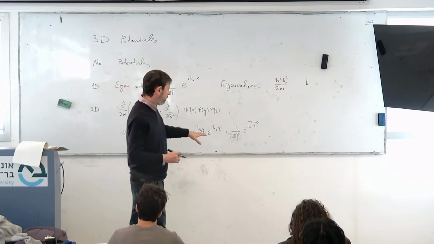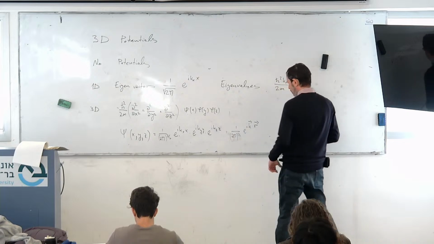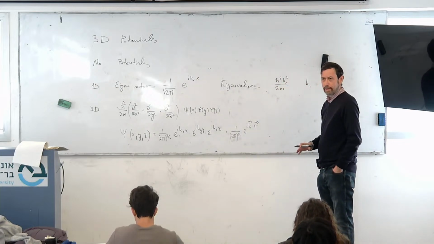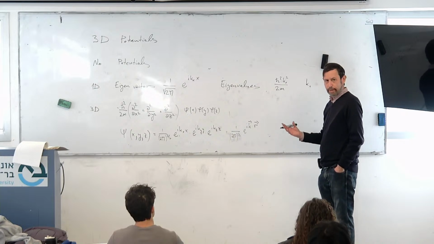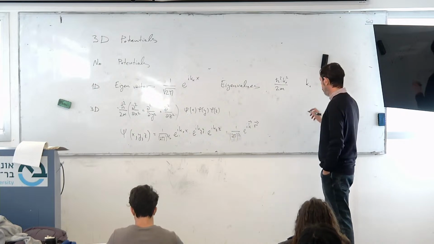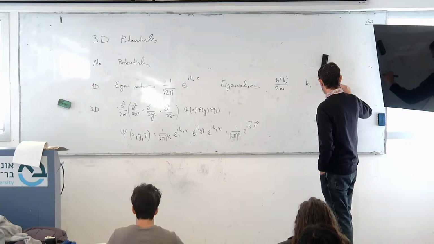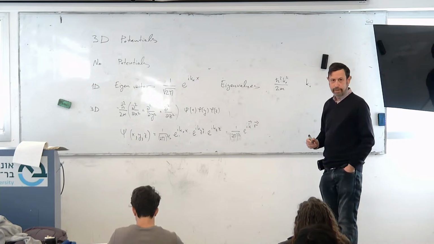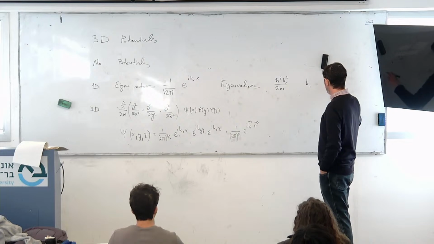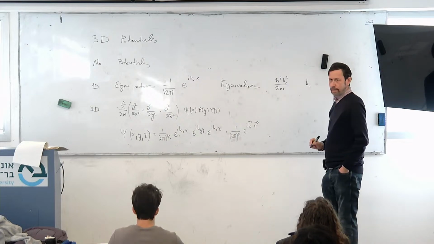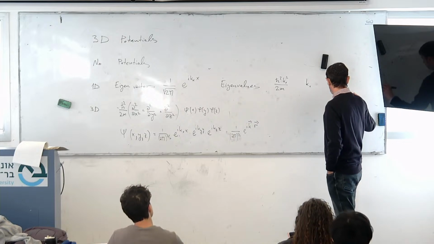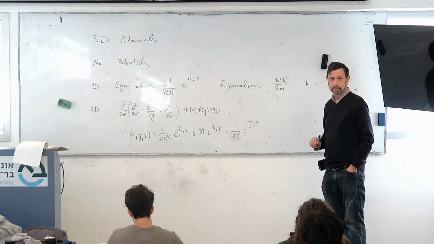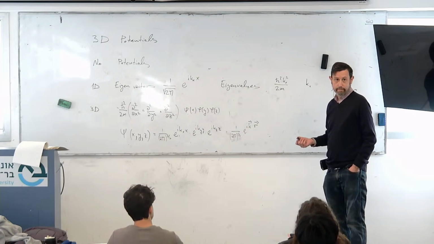I'll define everything exactly in a couple of moments, but let's look at what we have here. We have some vector which is a k direction, right? And some vector which is the r direction, right?